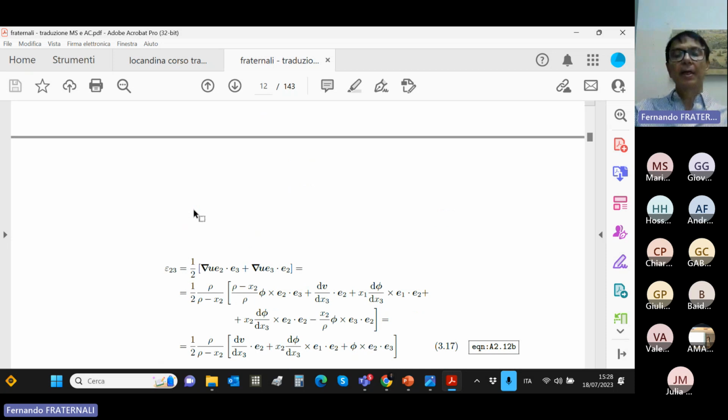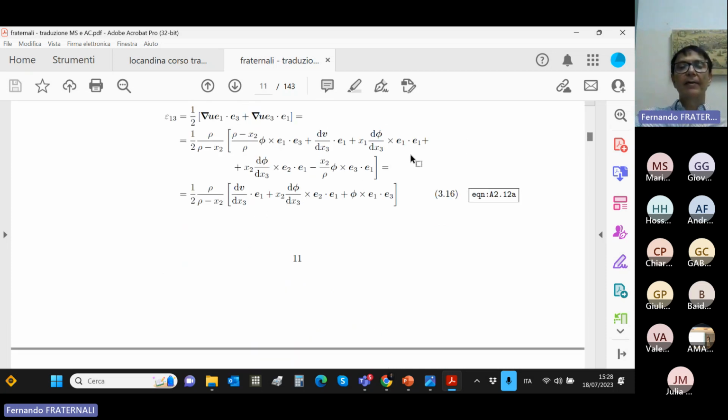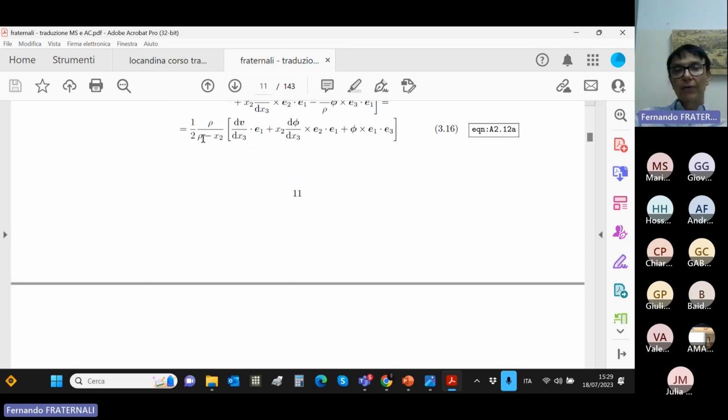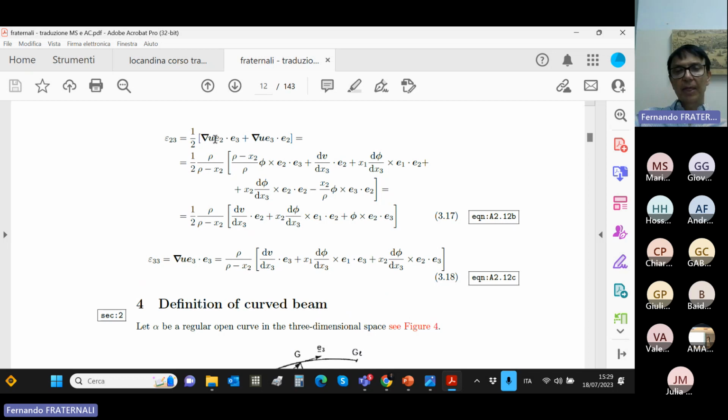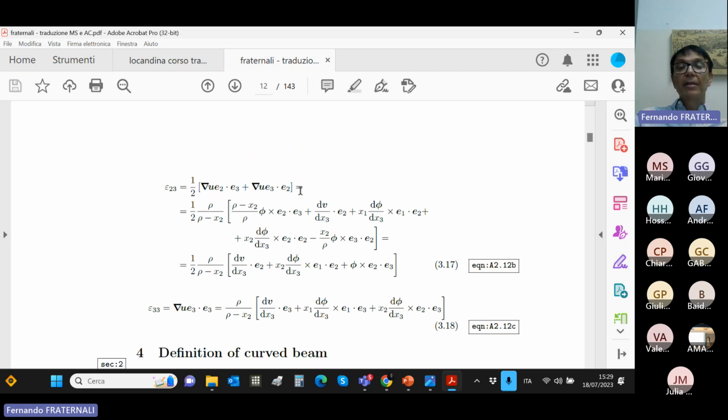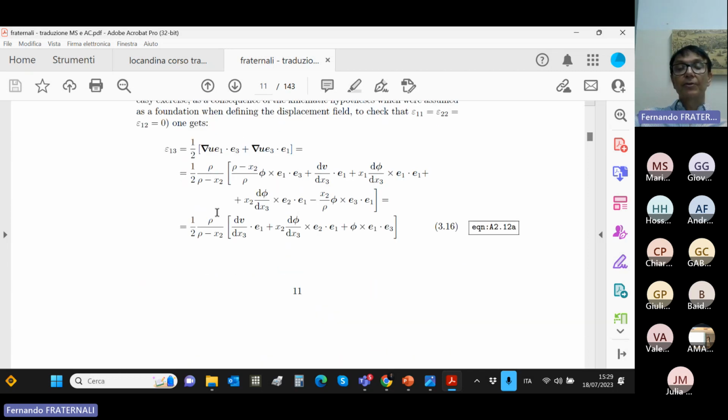In these expressions, if we leave them in this form without expanding the derivatives of the vectors E and T in components, we can see that those three relations are basically the same as the analogous ones in a straight beam, but with this factor in front, which is this Jacobian rho over rho minus x2.